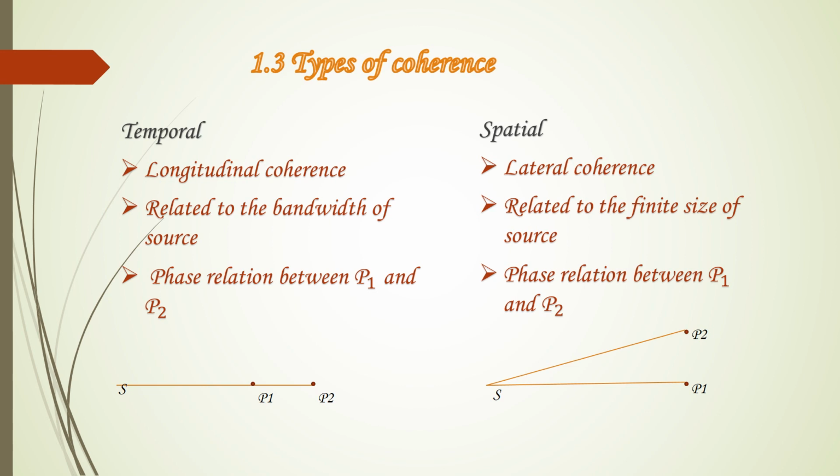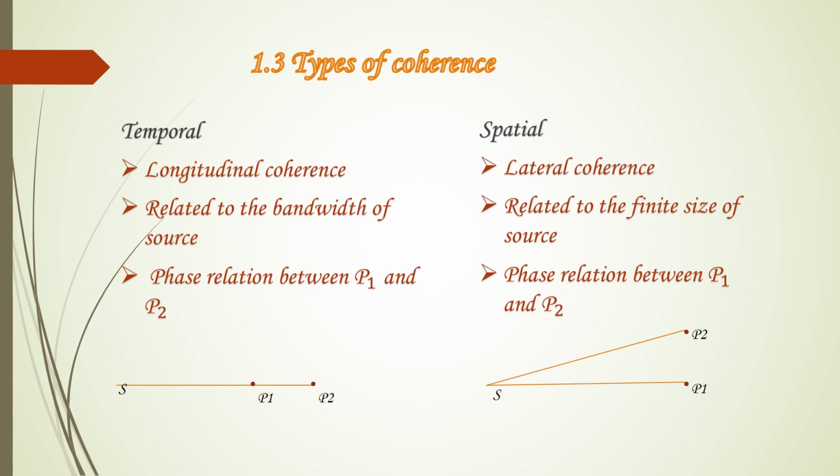Based on this consideration, coherence has two types, that is temporal coherence and spatial coherence. From the figure, S is the source and P1 and P2 are two points. These two points are considered longitudinally in figure 1 and laterally in figure 2.